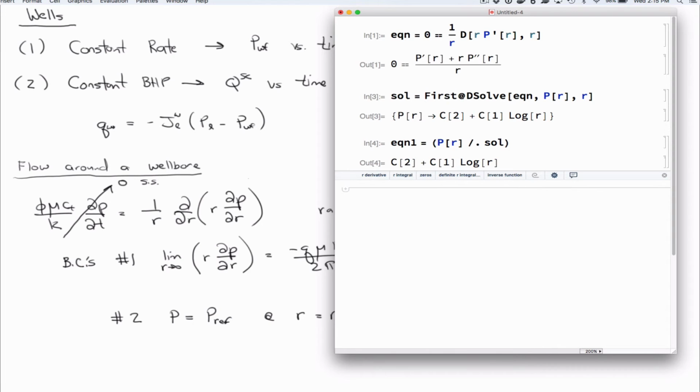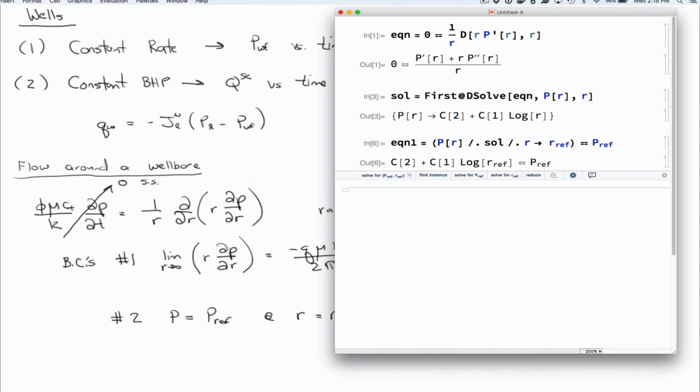And one of the boundary conditions was that when r is equal to some r_ref, this whole thing should equal p_ref, right? So it just plugged in r_ref for r in that equation and set it equal to p_ref, right?